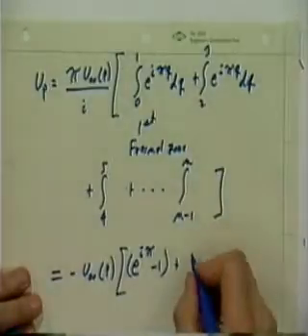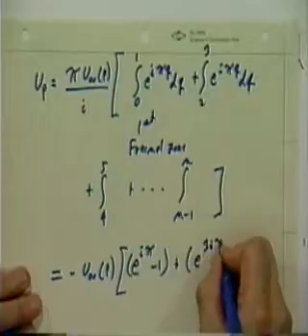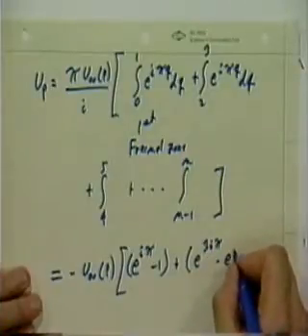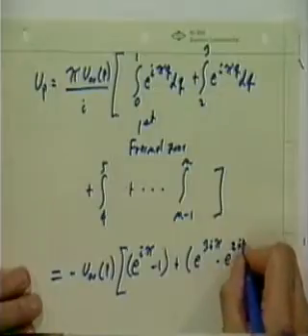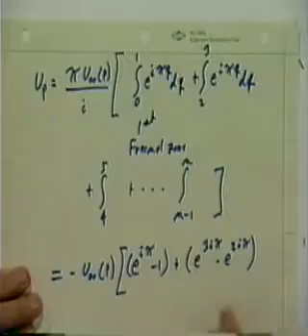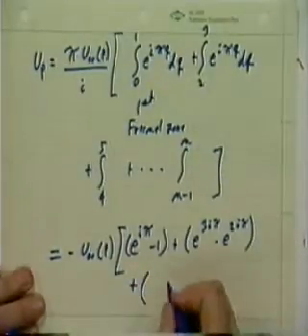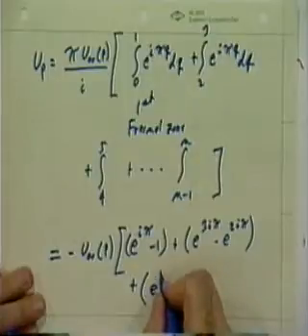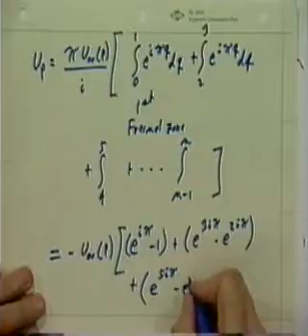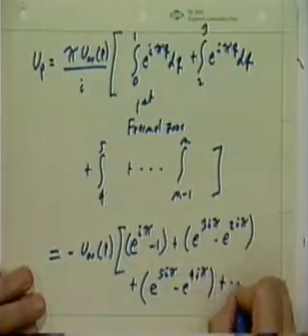Next integral here, we get e to the 3i pi minus e to the 2i pi. And I might as well write down the next one too: e to the 5i pi minus e to the 4i pi. So on up.